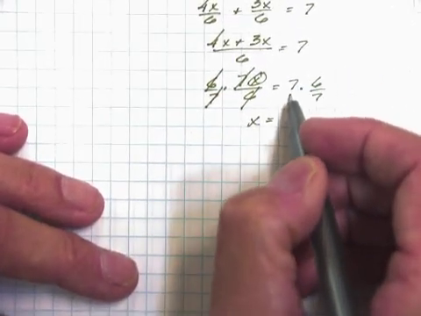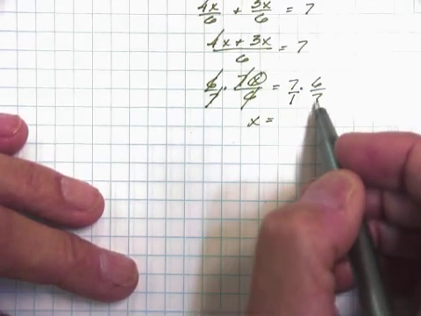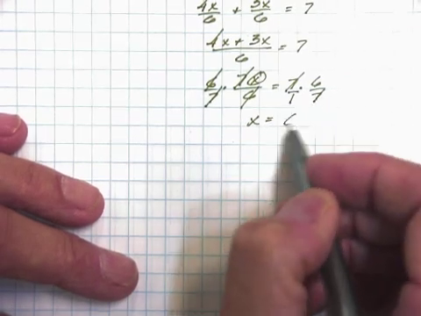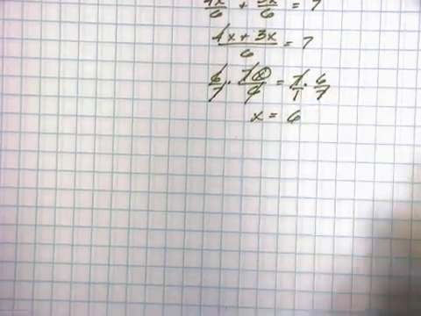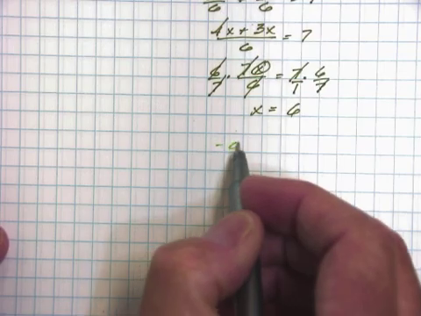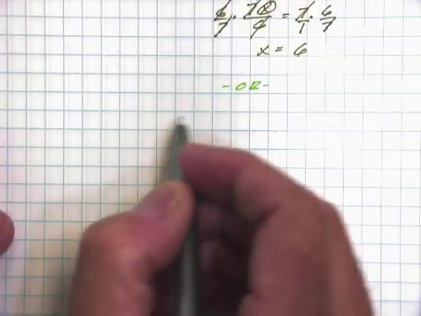Okay, now notice 7 in the numerator cancels with 7 in the denominator, 6 in the numerator cancels with 6 in the denominator, and I'm left with x equals, here this is 7, I can think of that as 7 over 1. 7 in the numerator cancels with 7 in the denominator, and I'm left with 6 over 1, or just 6. So there's the answer.